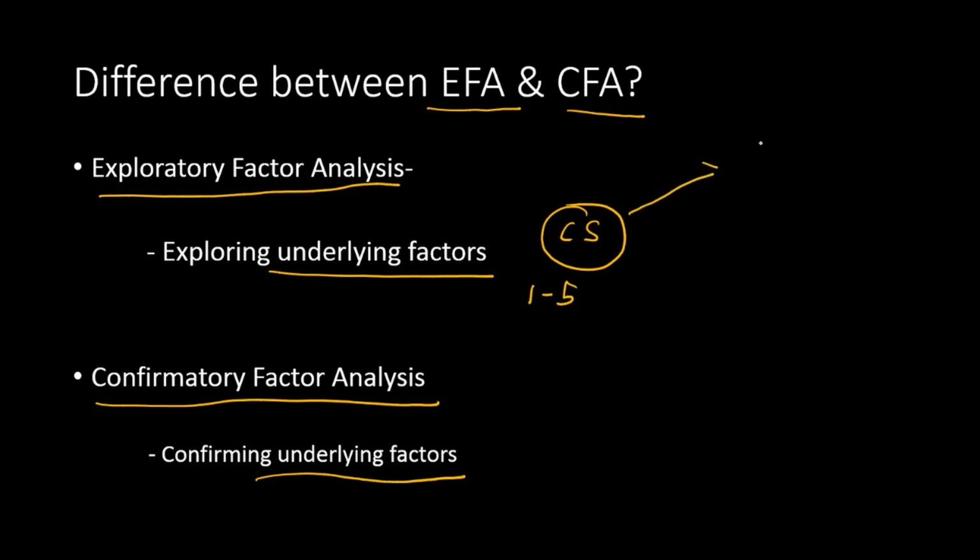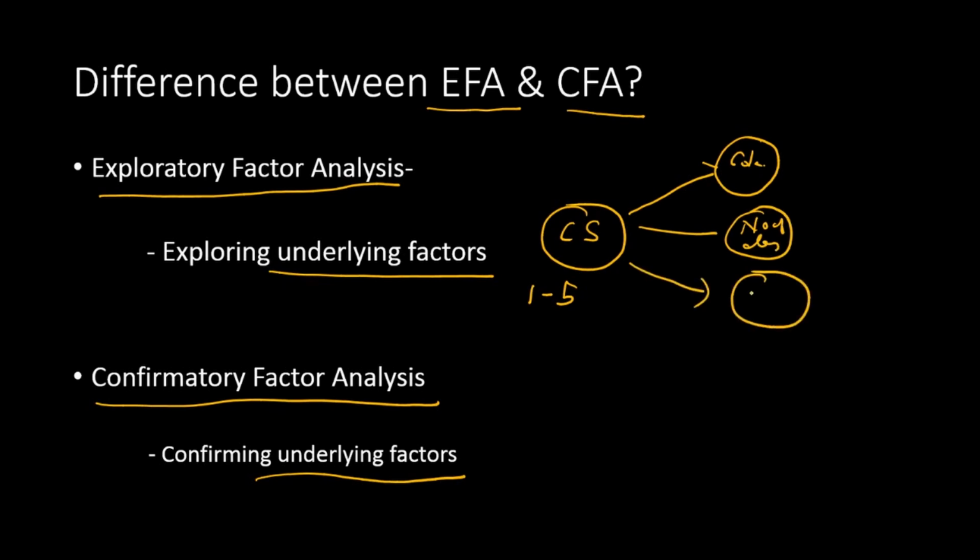Now customer satisfaction depends on, suppose, the color of the product, the number of days the customer has used this product, the service help provided by the company, and the replacement cost. We can have more variables as well.